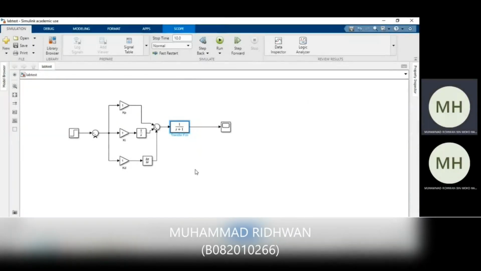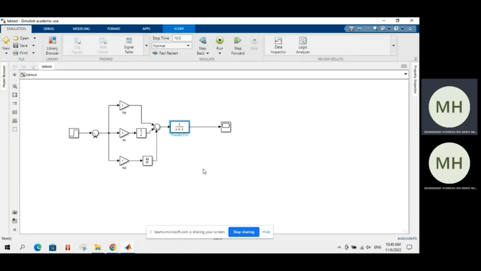My name is Muhammad Ridwan bin Muhammad Hanafi, and I will explain the result part of this assignment. The first figure is the structure of the PID controller. The input is given from a signal, and the signal will be transferred through three paths: KP, KI, and KD. KP is proportional gain, KI is integral gain, and KD is derivative gain.